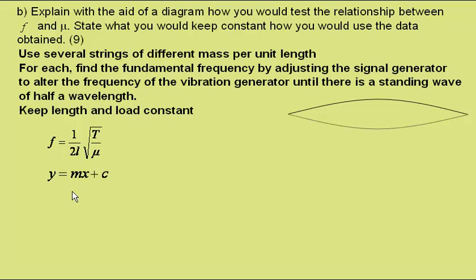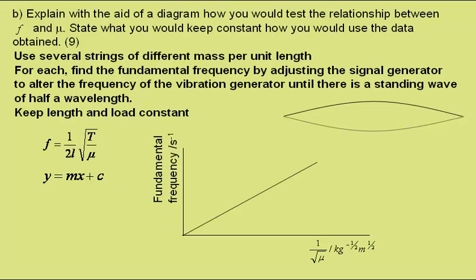Now, if we compare this to the equation y equals mx plus c, the general equation where m is the gradient and c is the y-intercept of a straight line graph, we could plot our fundamental frequency as our y value. We could plot 1 over the square root of mu as our x value. The gradient would then be 1 over 2L square root of T, and there would be no y-intercept.